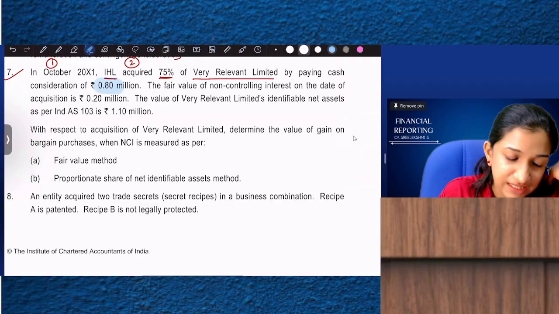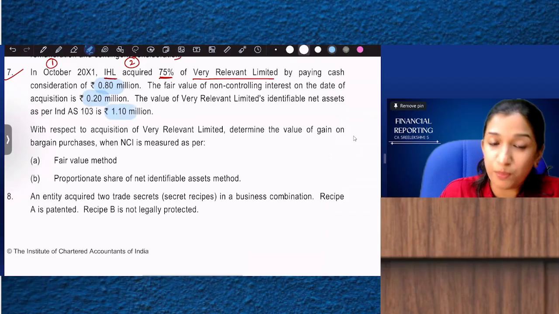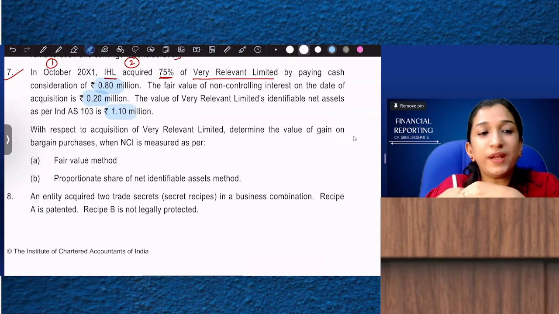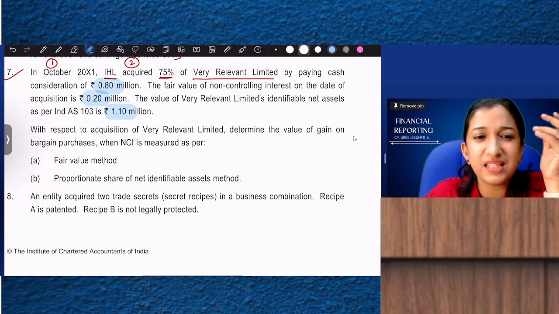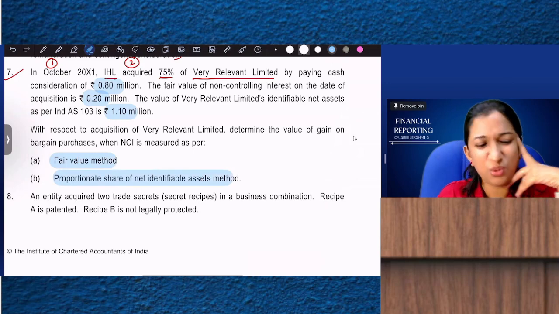The fair value of NCI on the date of acquisition is 0.2. The value of Very Relevant Limited's identifiable net assets is 1.1. Determine the value of gain on bargain purchase when NCI is measured as per the two methods. So basic.